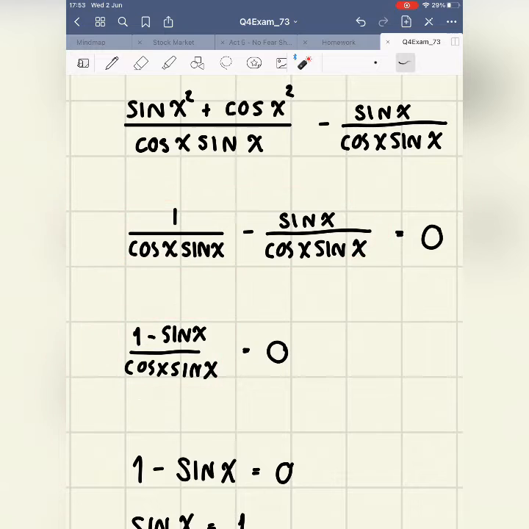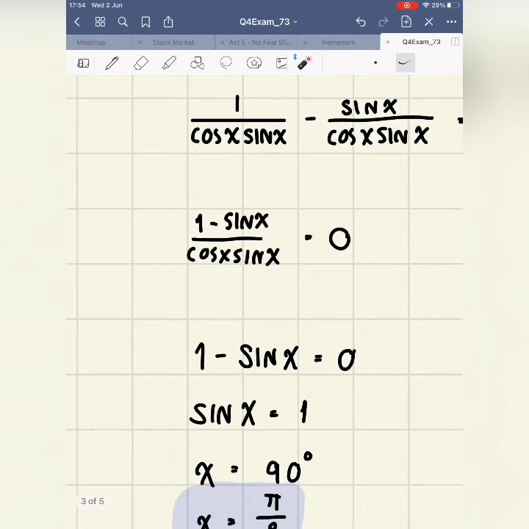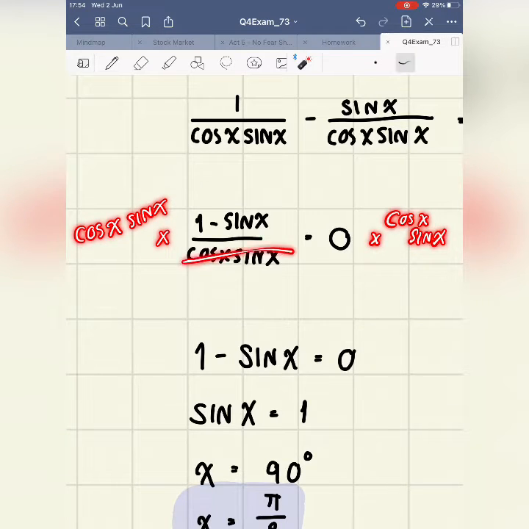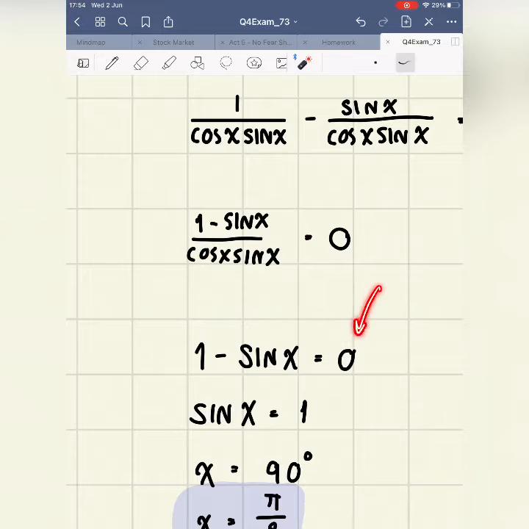Now to get rid of the denominator, I'm going to times both sides by cosine x and sin x, and this side too. So we will get rid of this, and everything times 0 is going to be 0, so this side will remain 0.